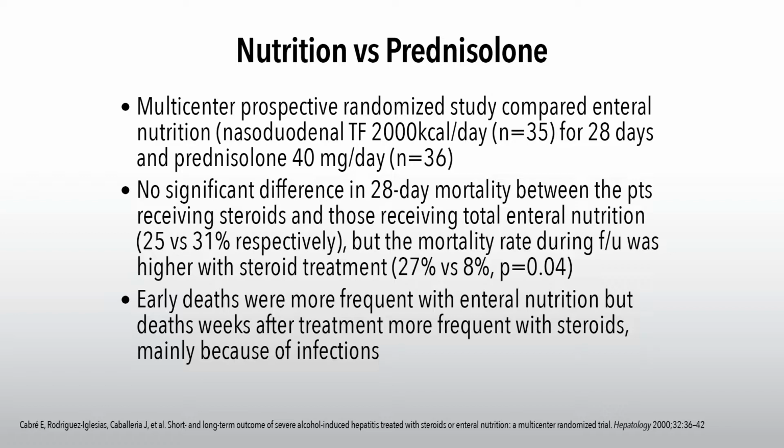This is very, very important, but the mortality rate during follow-up was much higher in the steroid group at 27% versus 8%. So you could summarize here: nutritional support equals steroids short-term, and long-term, steroids have a much higher complication rate. So I'm a strong supporter of nutritional support for these patients with information derived from this study.